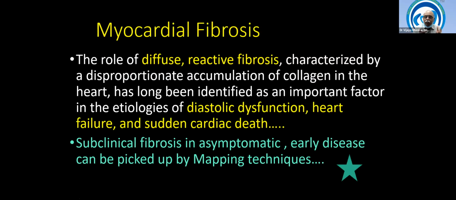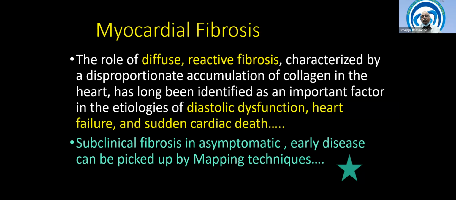Now, what is myocardial fibrosis doing? Diffuse reactive fibrosis can lead to diastolic dysfunction, heart failure, and sudden cardiac death. And these people have a prolonged prodrome. I mean, they don't present on day one. They've got a lot of subclinical period before which they develop into a chronic stage.